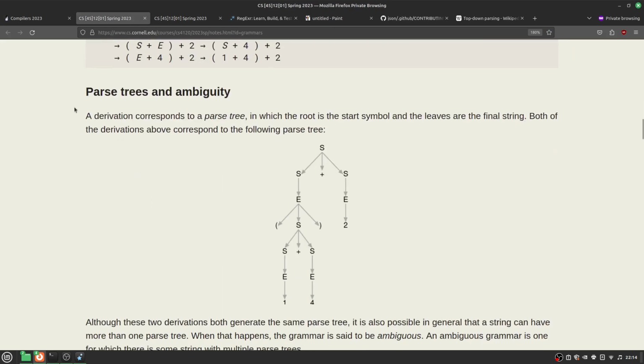Parse trees and ambiguity. A derivation corresponds to a parse tree in which the root is the start symbol and the leaves are the final string. Okay, makes sense. Both of the derivations above correspond to the following parse tree.